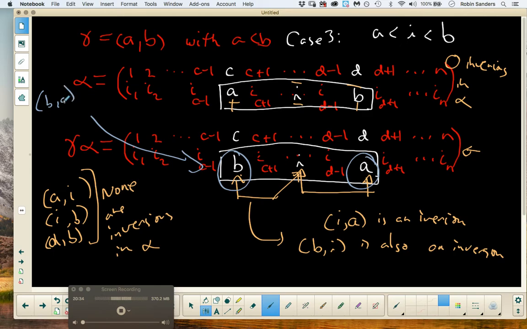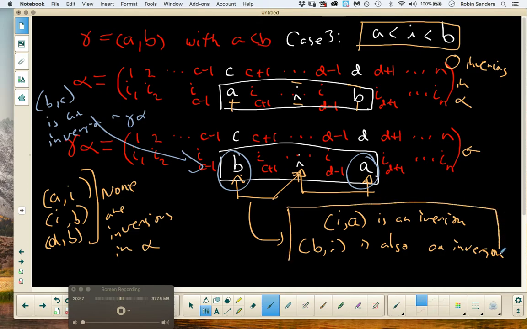So we already know that BA is an inversion in first do alpha, then do gamma. The interesting thing, though, is that for each of the I's that satisfies this, we're going to be picking up 2 new inversions.